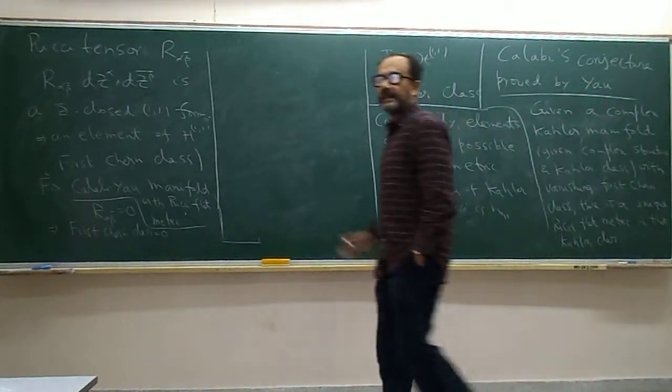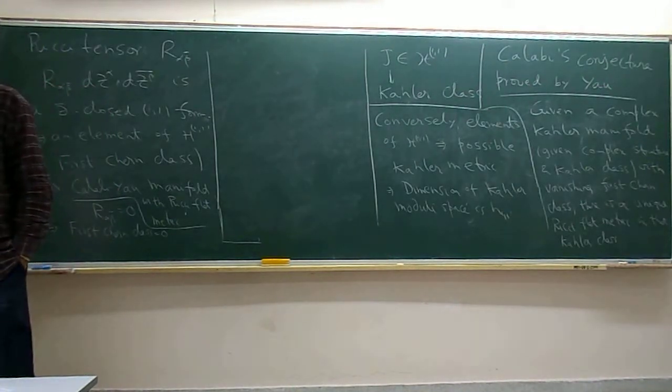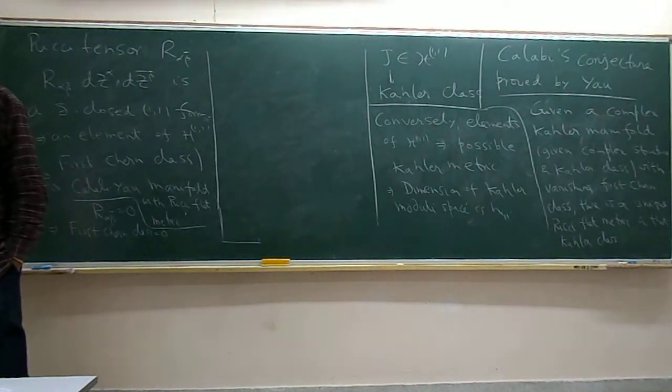The reason that this is important is that nobody has so far constructed a Calabi-Yau manifold with a Ricci-flat metric. It's a very hard problem, and there is no single example except for tori. There is no single example known where the metric has been explicitly constructed.